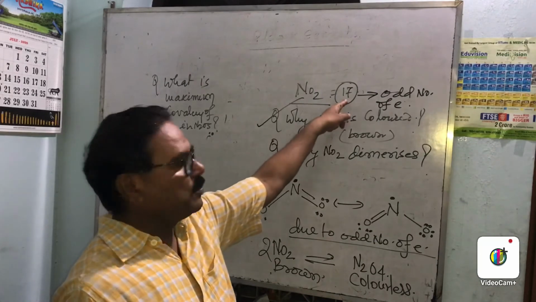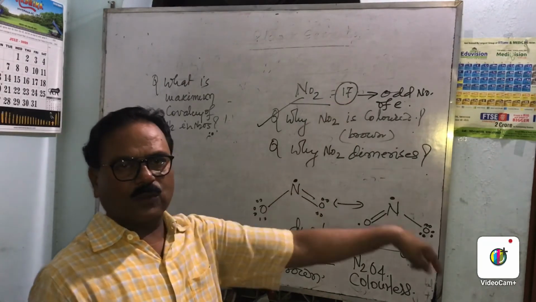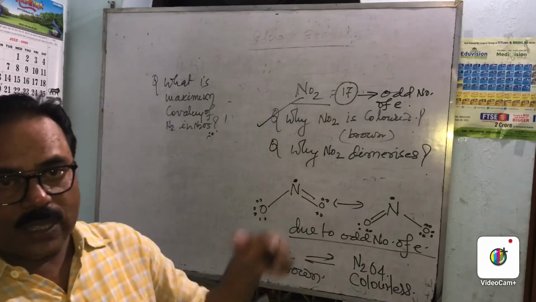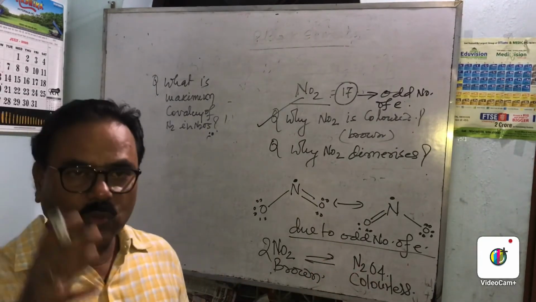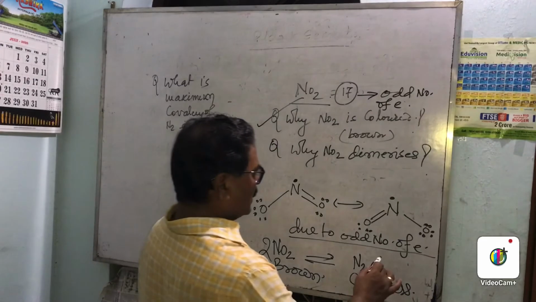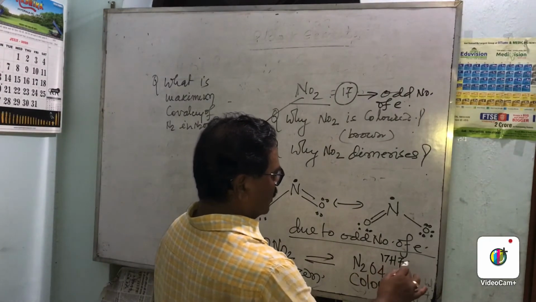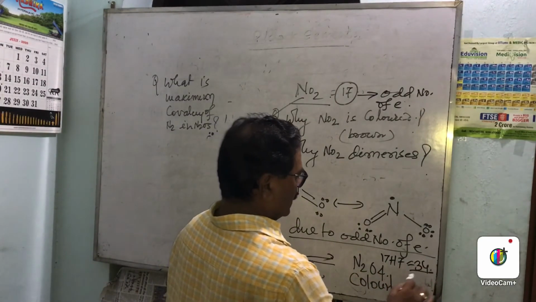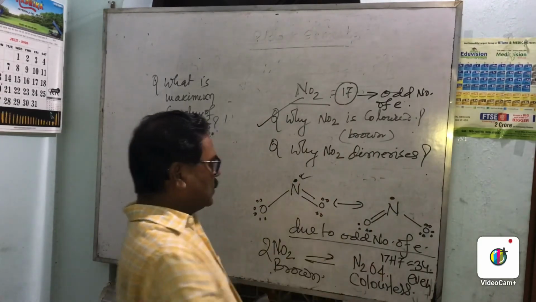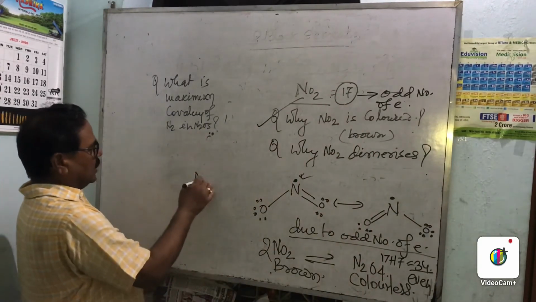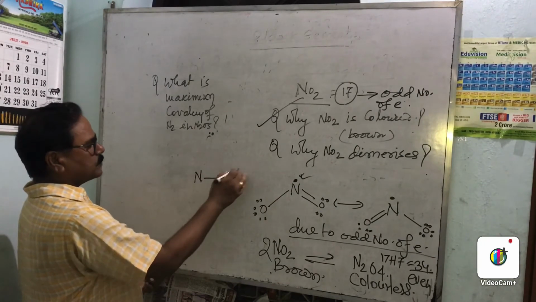Due to the unpaired electron, it will undergo dimerization. And on dimerization, why is N2O4 colorless? Because it has no odd number of electrons. 17 plus 17 is equal to 34, so it is an even number. You will see no unpaired electron in that molecule when you draw the structure of this N2O4.